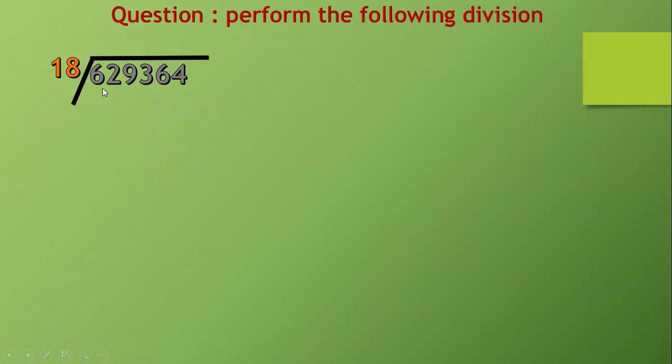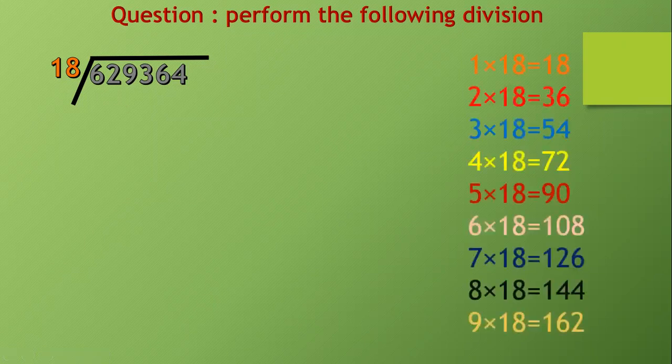Clearly 62 is greater than 18, so division is possible, and we will start the division by finding a product of 18 which is equal and less than or nearest to 62. Now find the product.